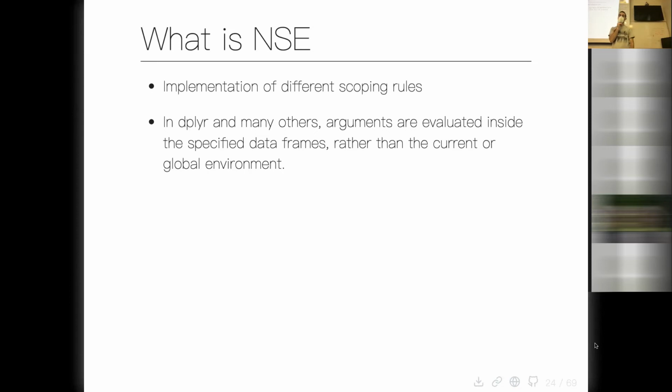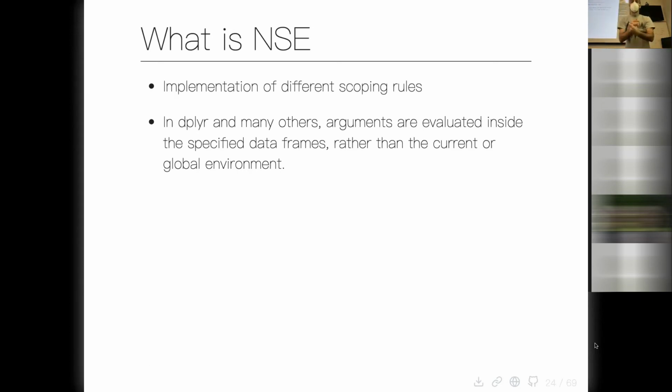Non-standard evaluation changes those rules. It says, okay, that's how it happens usually, but we're going to do this more manually. We're going to say, here's a thing, and we want you to evaluate it here, rather than by the typical rules.